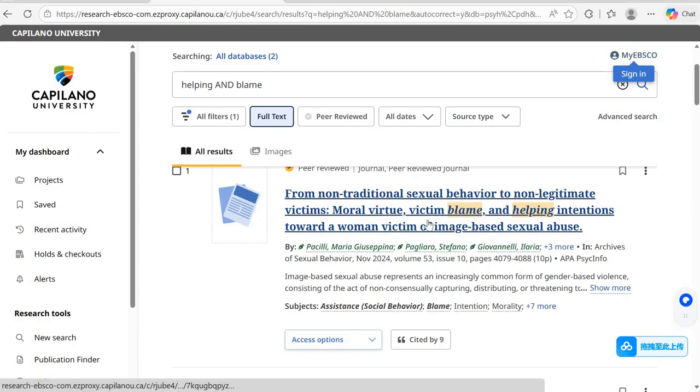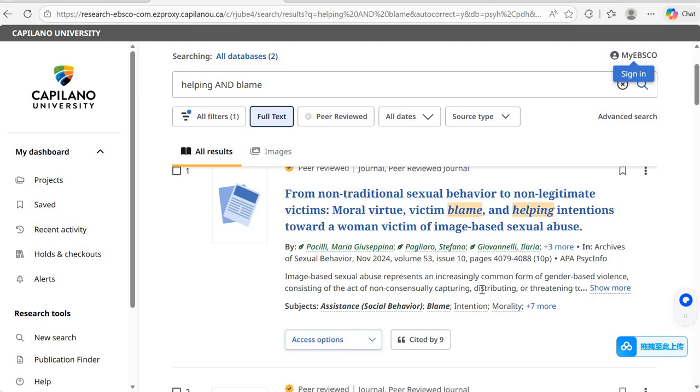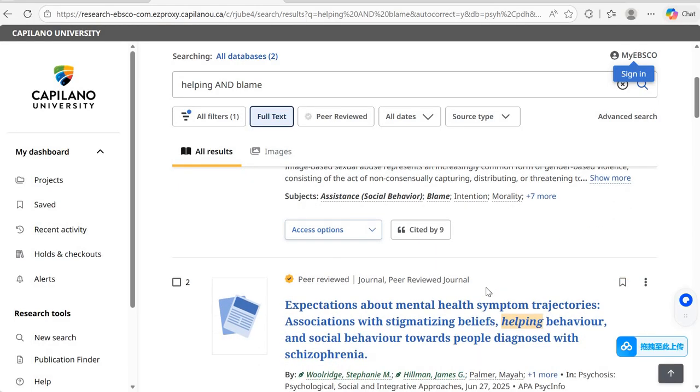You look at the titles first. From a non-traditional moral virtue, victim blame. It doesn't have to be drug use. It doesn't have to be blaming the drug user.